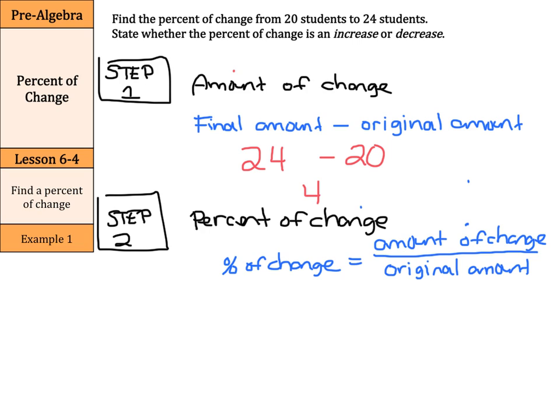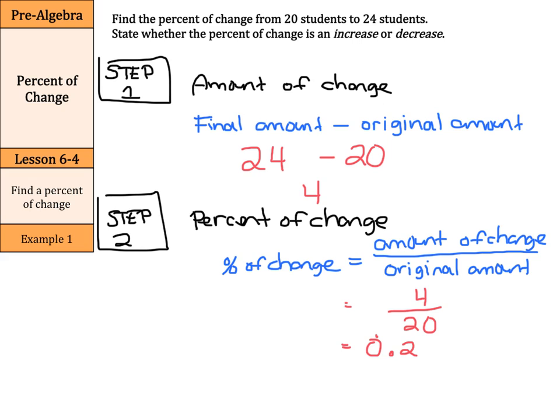And so, percent of change here is going to equal that amount of change, which was a positive 4, over the original amount, which was 20. When I do 4 divided by 20, that's 0.2, or 2/10.